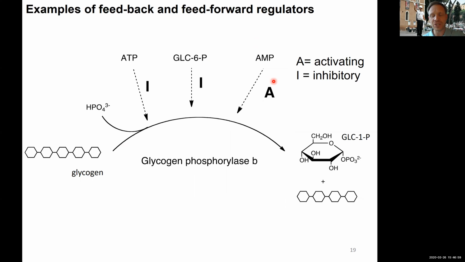You're running out of energy. You want to break down glycogen to free up glucose that you now can run through the glycolytic pathway, PDH, TCA, and the ETC. So oftentimes, you can already think about energy metabolism, and you can make good suggestions based on that alone on what kind of metabolites might be allosteric regulators of an enzyme.